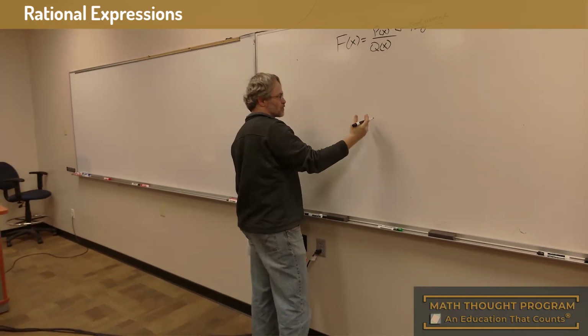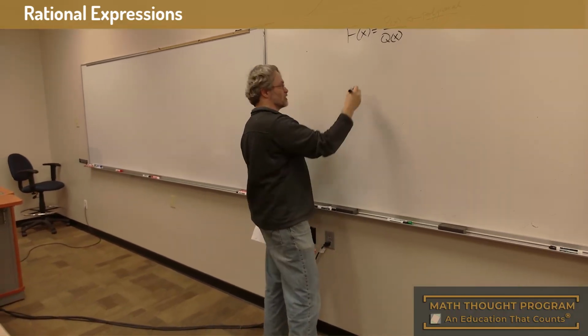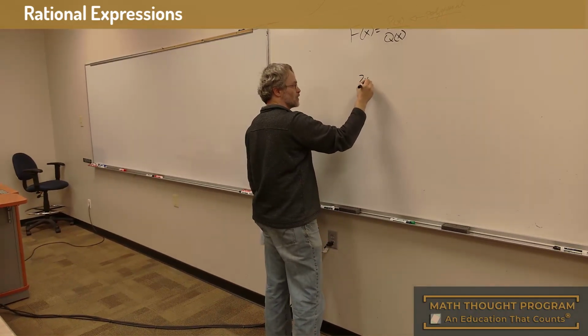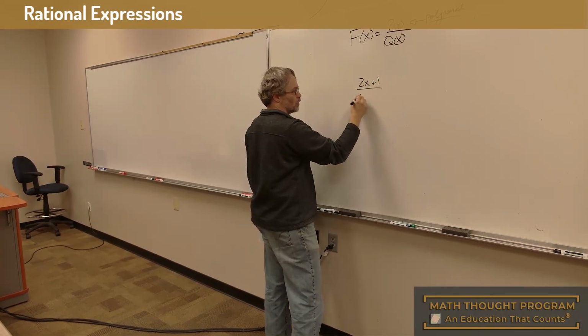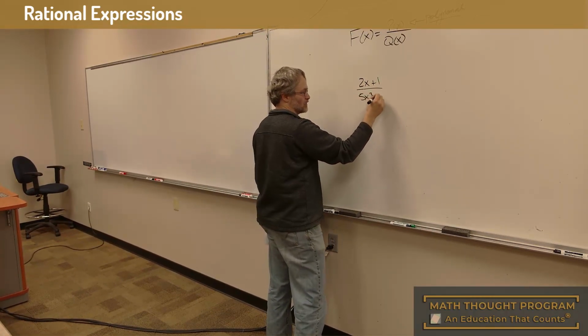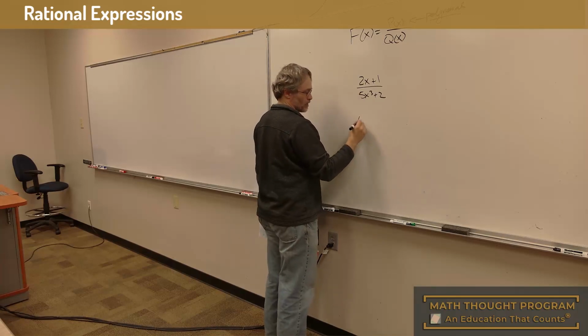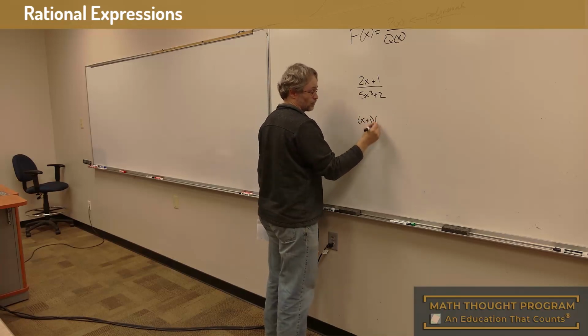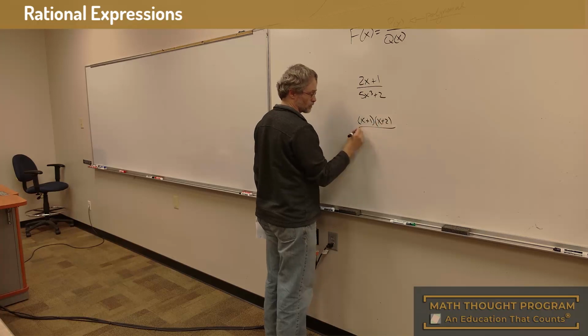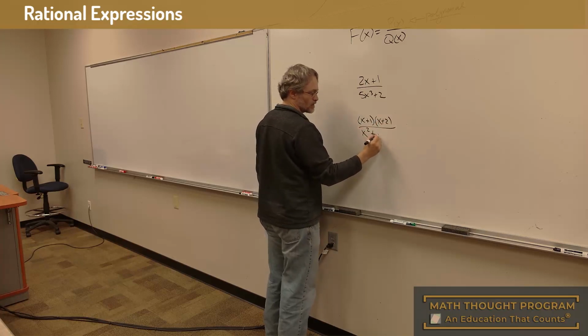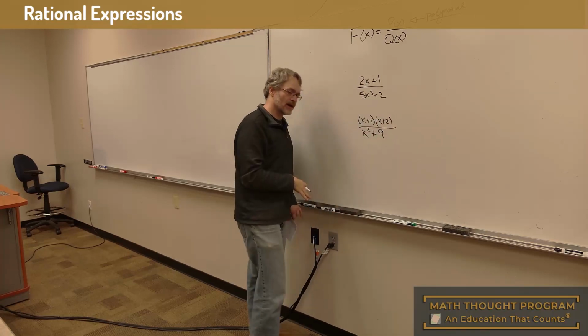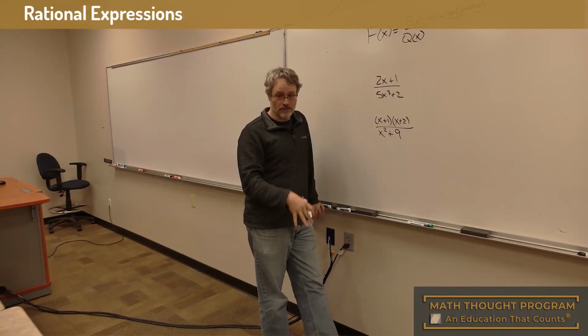So a rational expression looks something like 2x plus 1 over 5x cubed plus 2. Or something else, maybe I can keep it in factored form, maybe something like this. That's going to be a rational expression.